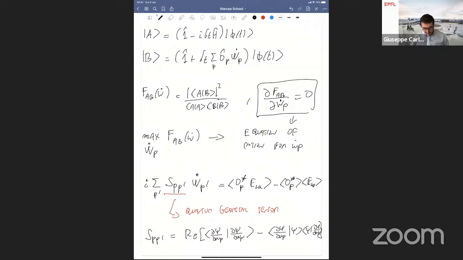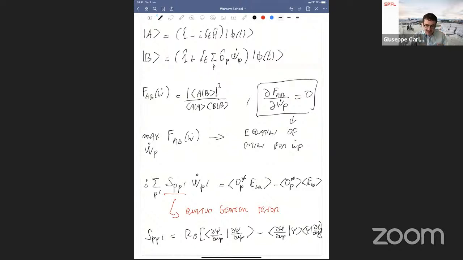Okay. So this is a quantity that arises naturally in many contexts, and it's essentially defining the geometry of the variational space. I don't want to enter too much into the details of this, but it's a very important quantity because it essentially tells you how close two variational states are.